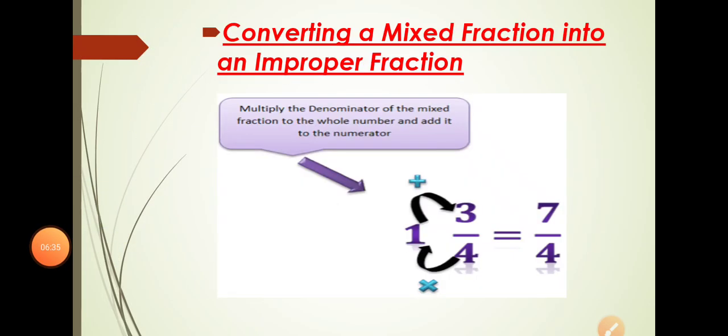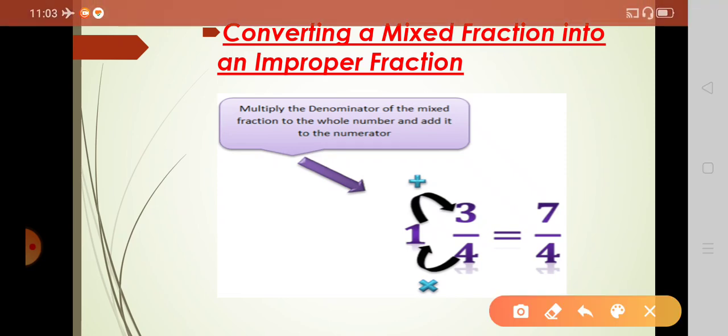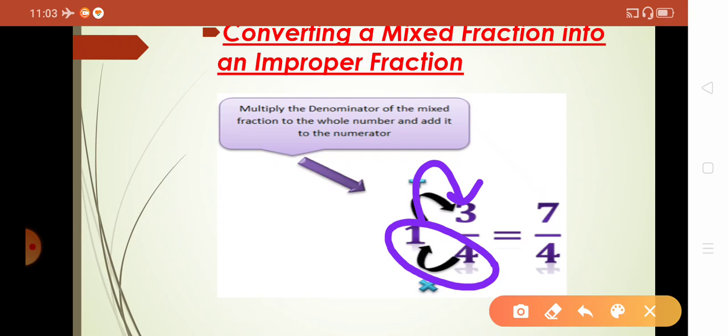Now your next topic is converting a mixed fraction into an improper fraction. How will you convert a given mixed fraction into an improper fraction? So multiply the denominator of the mixed fraction with the whole number. That means first of all you have to multiply the denominator and the complete number, and then you have to add this value to the numerator.